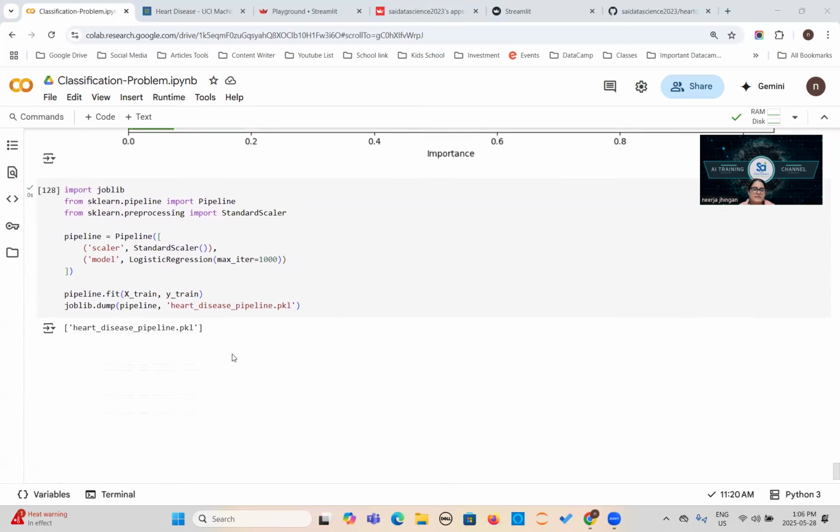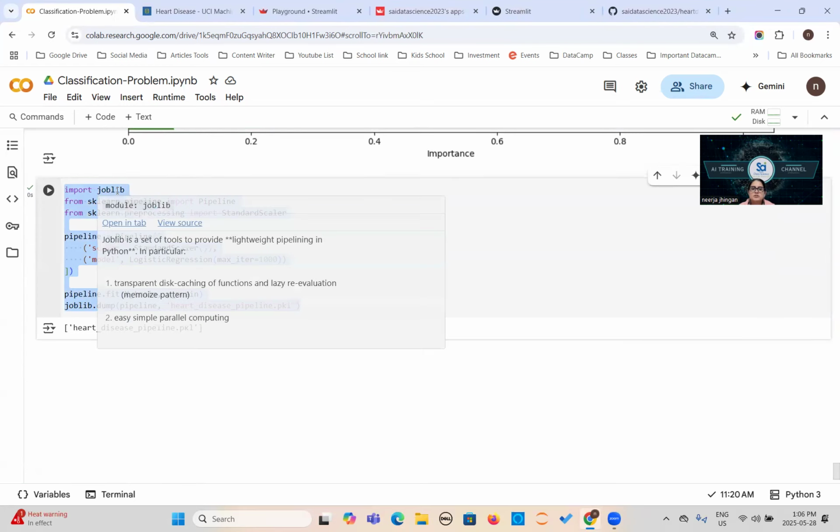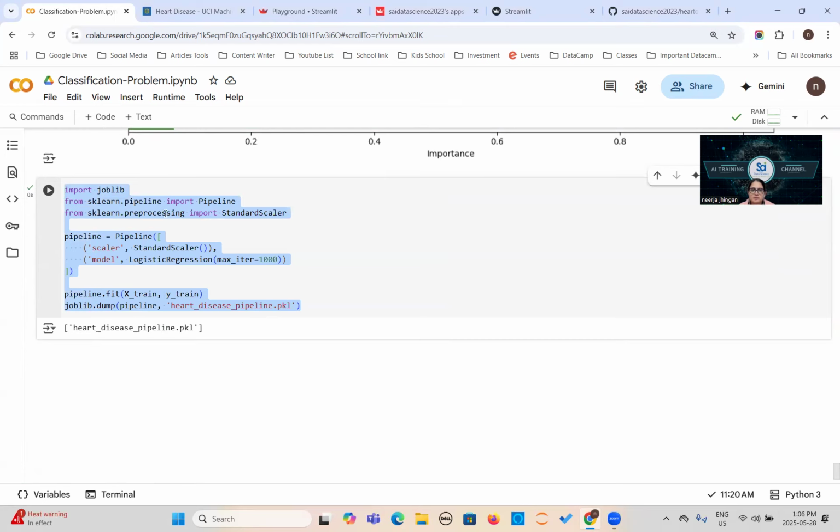Okay, and then the last step is we are saving the model. I'm using joblib and the pipeline from sklearn and preprocessing so I can process the new data set too whenever we are giving the new values for prediction, and then we will save the file as a pkl, and whenever you run this it will be saved with this pipeline.